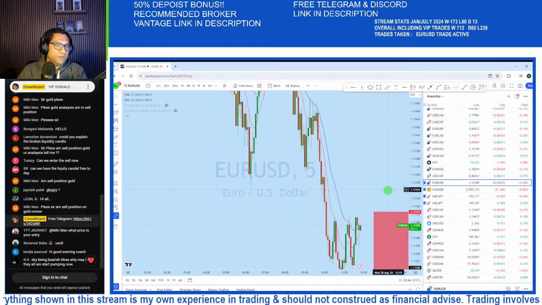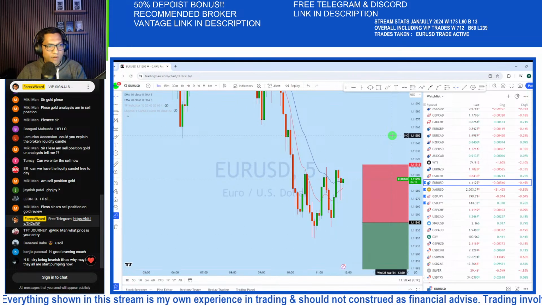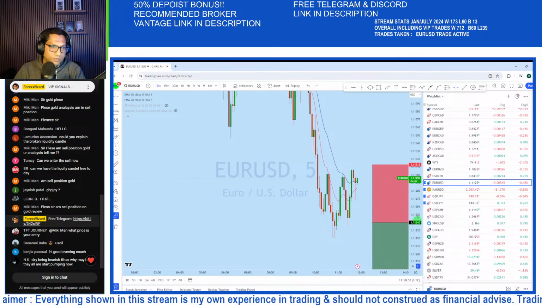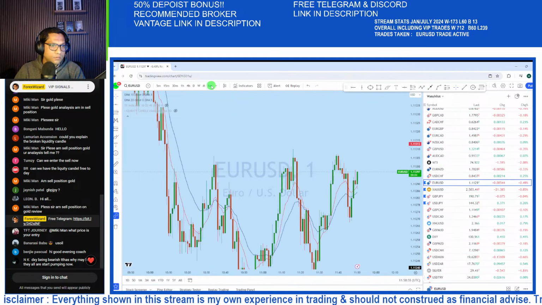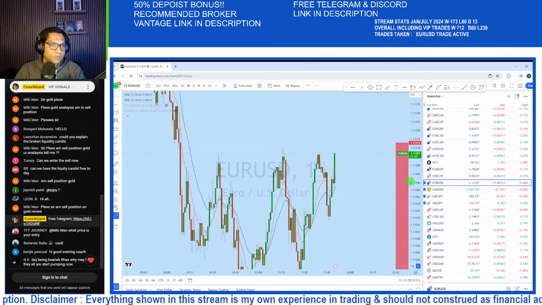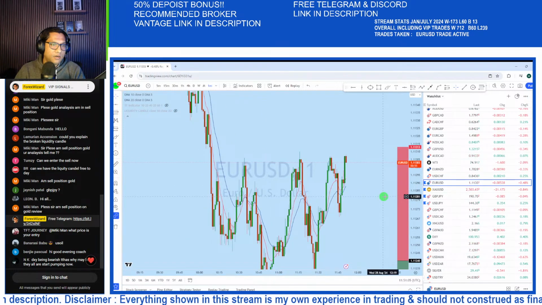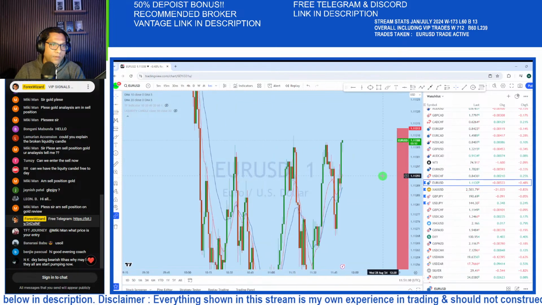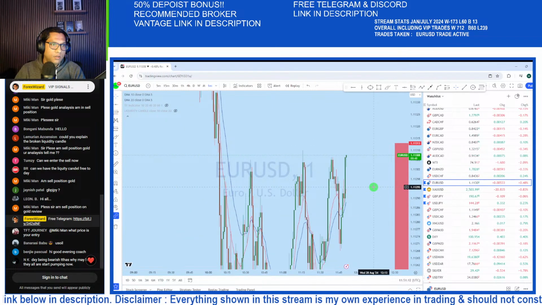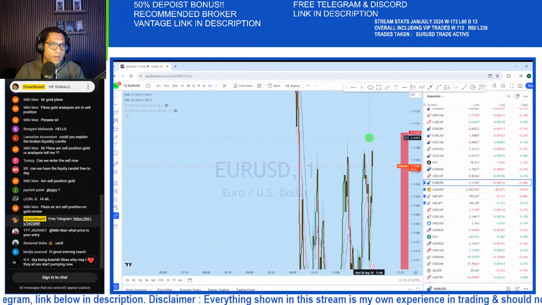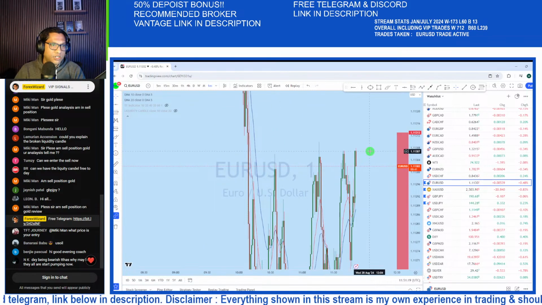Euro USD formed a red candle with a long wick at the bottom. There is another potential candle close coming in an hour on euro dollar. So it has another rejection to the upside.